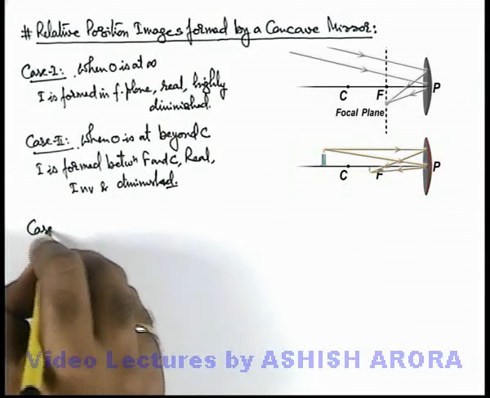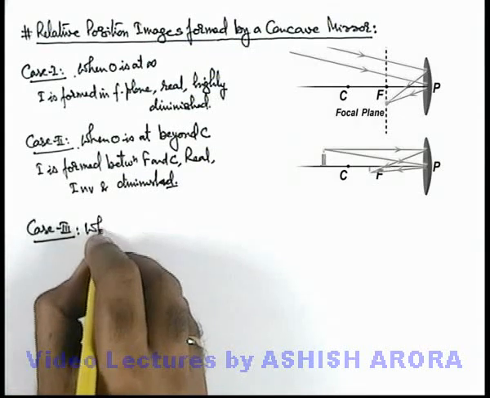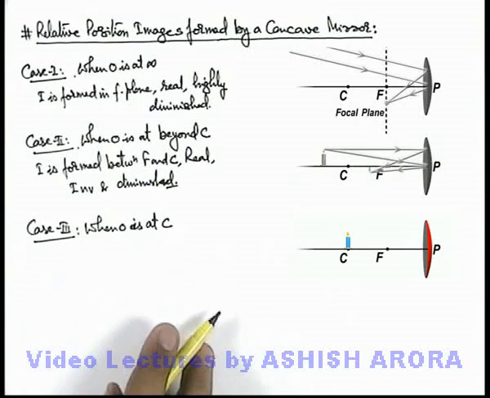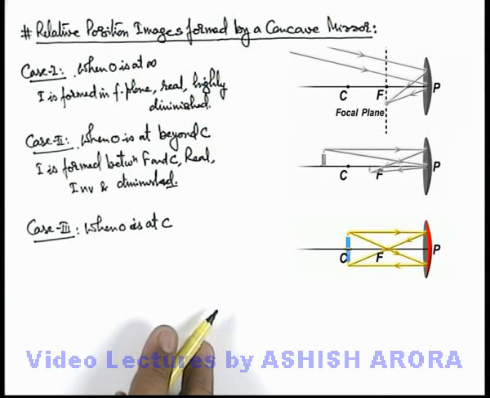Let's talk about case 3. In this situation, we consider the case when the object is located at the center of curvature. Here you can see the object is located at the center of curvature of the mirror. From the tip of the object, if we consider two rays incident on the mirror, one passing through focus and the other parallel to the principal axis, then after reflection the converging reflected rays produce the image exactly at the center of curvature again.